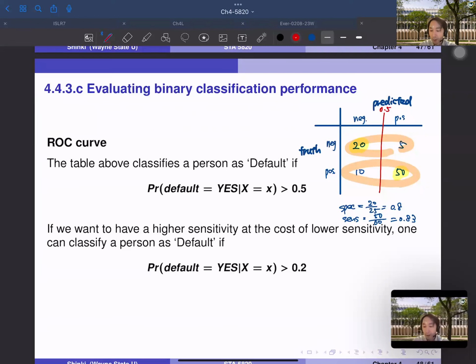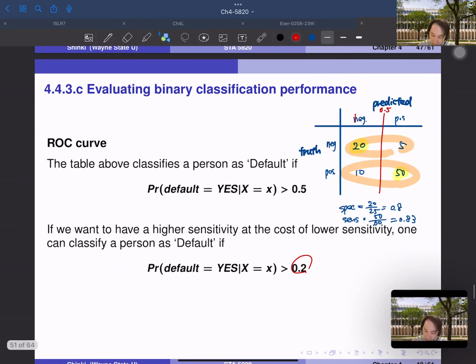If the predicted probability is more than 0.5, we regard it as predicted positive, and less than 0.5 predicted as negative. But we can set a different threshold. If we want to have a higher sensitivity at the cost of lower specificity, then we can classify a person as default if probability is larger than 20%. So that is basically setting the threshold around here.